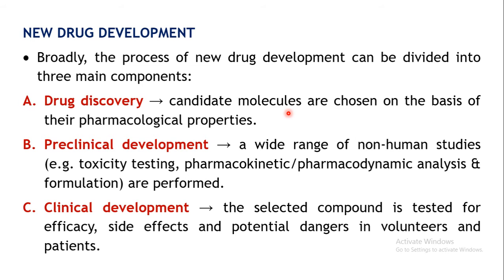So you just can't call them a drug at this particular point. It's just a chemical molecule which you are discovering, chosen based on its pharmacological properties. So what is that best chemical which could be effective against that particular pathological situation?